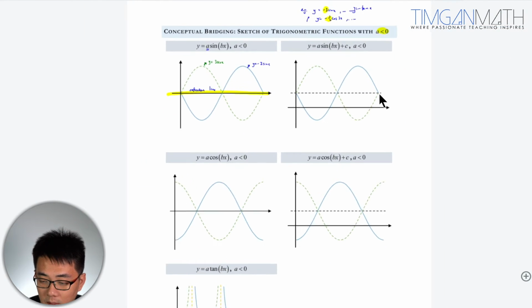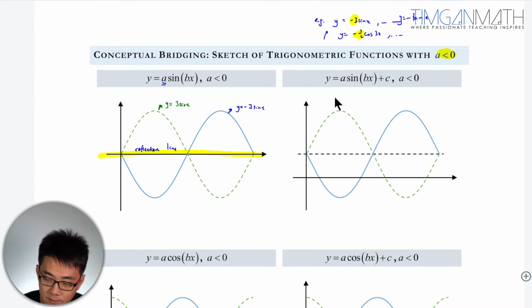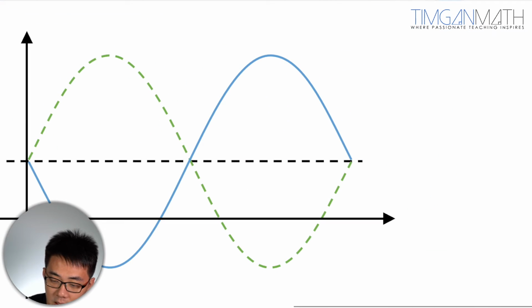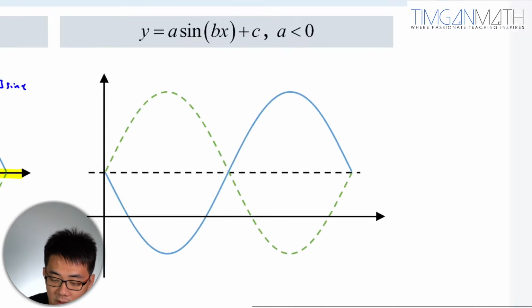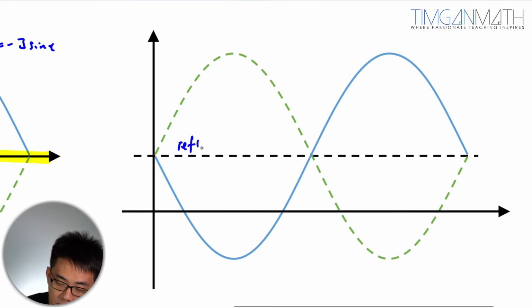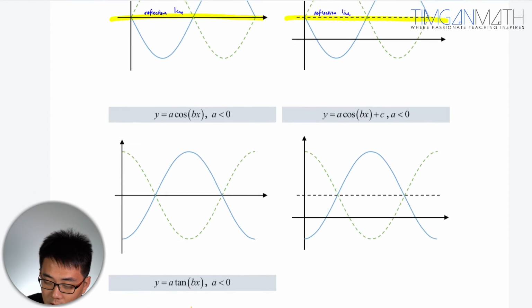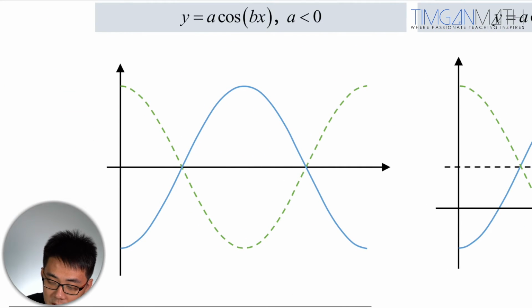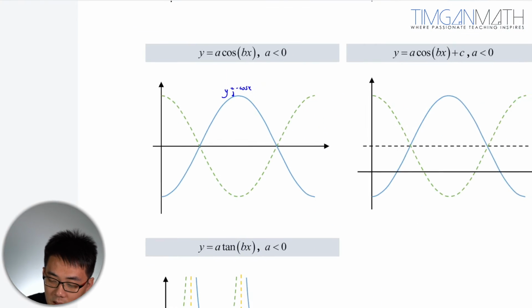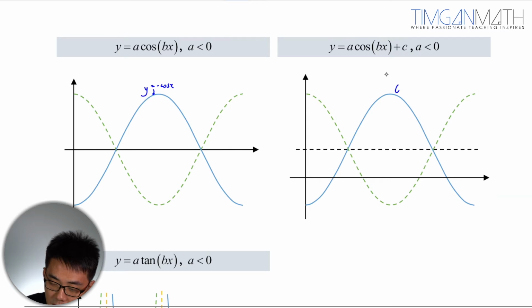So similarly, if a is negative, the line of equilibrium is the reflection line here. Great. What else do we need? Similarly, say this is y equals negative cosine x, and then this is y equals negative cosine x plus c.